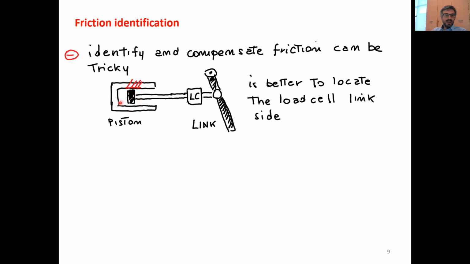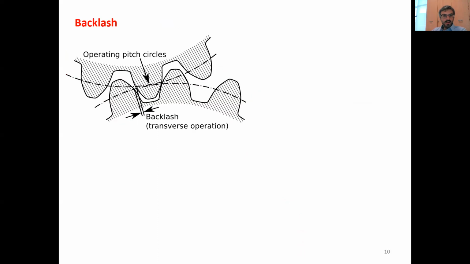In this case, this force will not be the force that is applied to the load, but will also include the friction. So it's better to apply a force sensor or a load cell after the relevant friction part, very close to the load. There, the only friction will be in the ball bearing, which is usually very low. Is everything clear about friction?